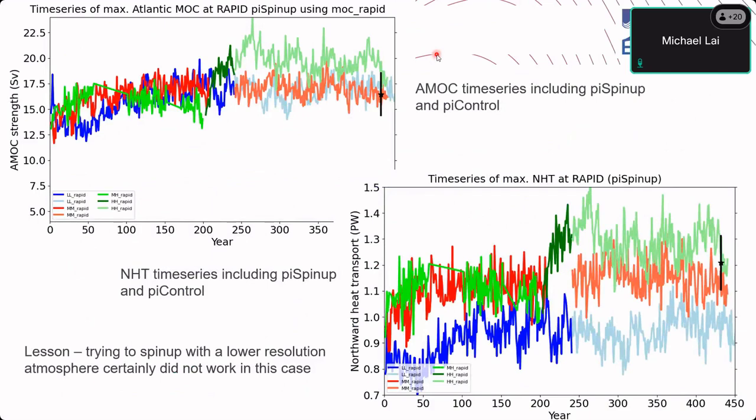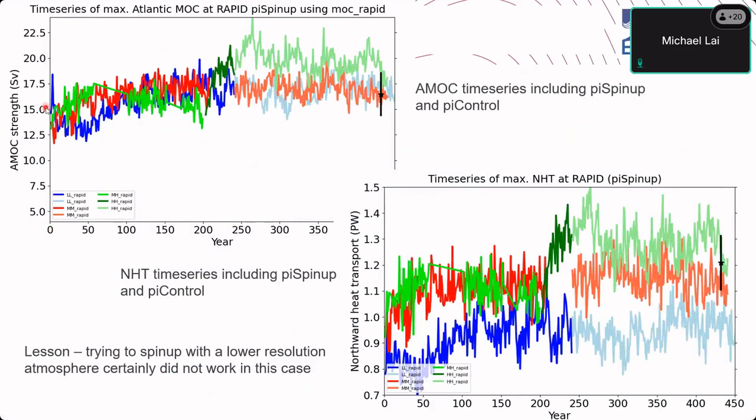In terms of the Atlantic meridional overturning circulation, the AMOC volume transport is at the top and the heat transport is at the bottom. And so here again, this is from the start of the spin up through the 240 years of spin up and 200 years of PI control.